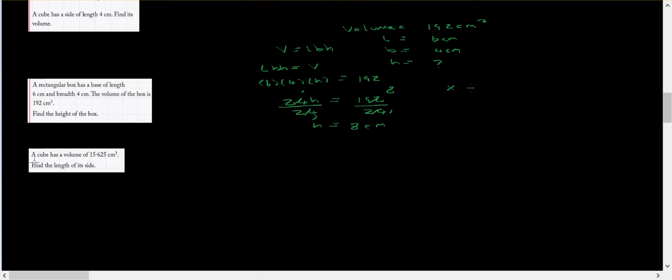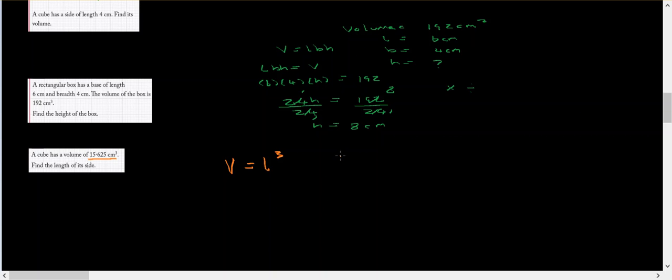Change the color. So a cube has a volume of 15.625 cubic centimeters. Find the length of its sides. If we remember with this one, volume is going to be equal to length cubed. So again, this is going to be a backwards type question.